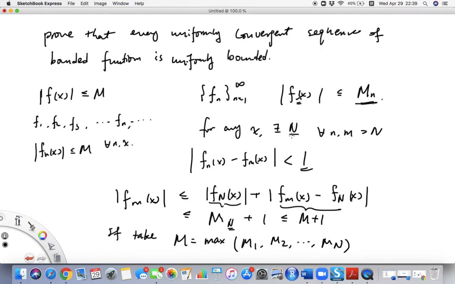This big N is fixed, so it makes sense to take the maximum of finitely many numbers, which is finite, so M is a finite fixed number. Finally we have this is less than or equal to that, and this is independent of m and x. So that shows the sequence is uniformly bounded.